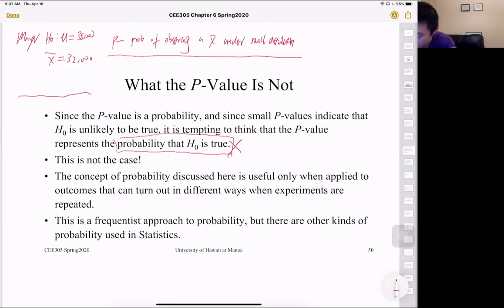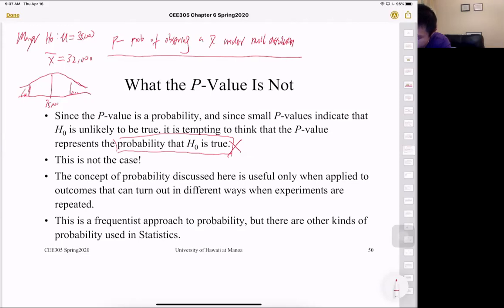The p-value we calculate based on the z-score is the probability that we get a sample average of $32,000 if we assume the mean value is actually $35,000.